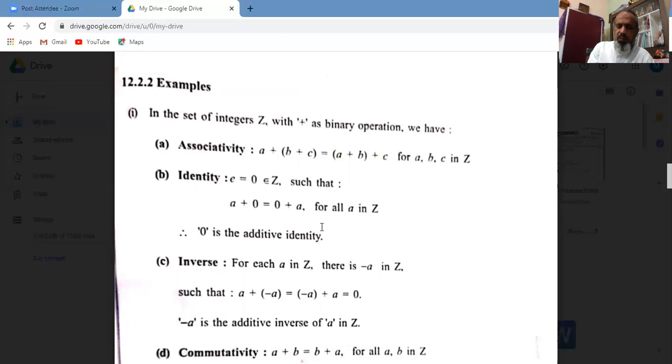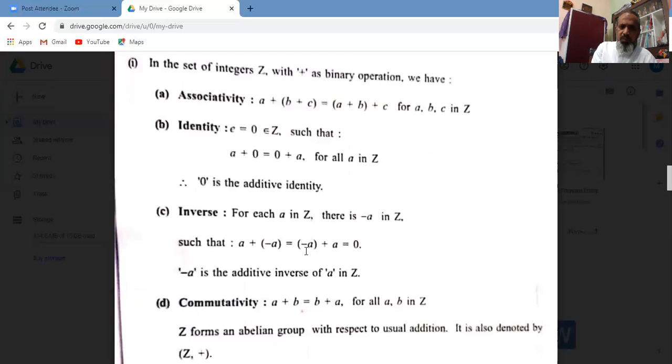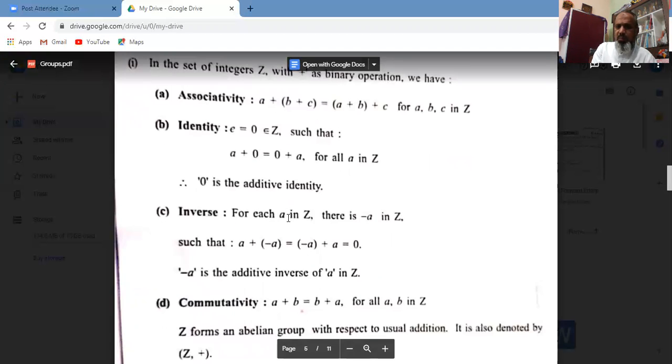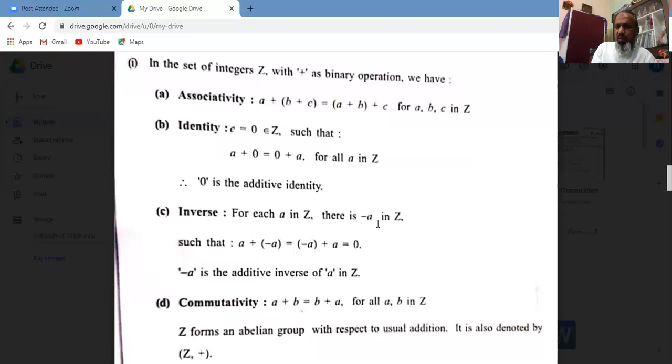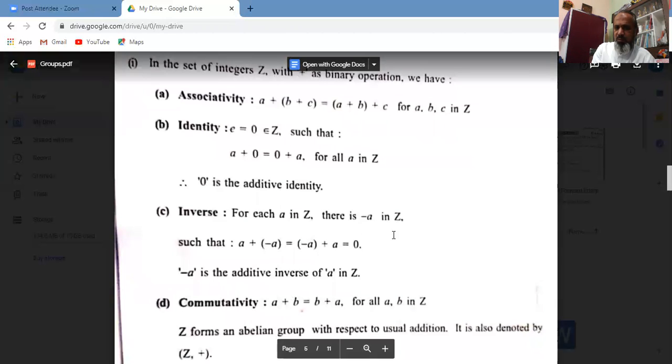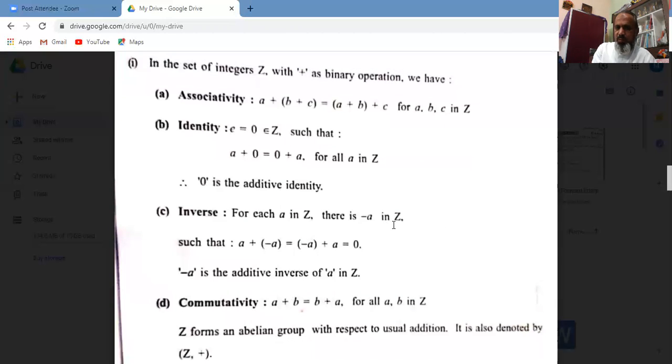In any set, if 0 belongs to that set and the binary operation is addition, then 0 is the additive identity. So what is inverse? For each element A in Z, there exists minus A in Z. So if 2 belongs to Z, minus 2 belongs to Z; 1 belongs to Z, minus 1 belongs to Z; 5 belongs to Z, minus 5 belongs to Z. So for each element A in Z, there exists minus A also in Z, such that A plus minus A is equal to minus A plus A is equal to 0.